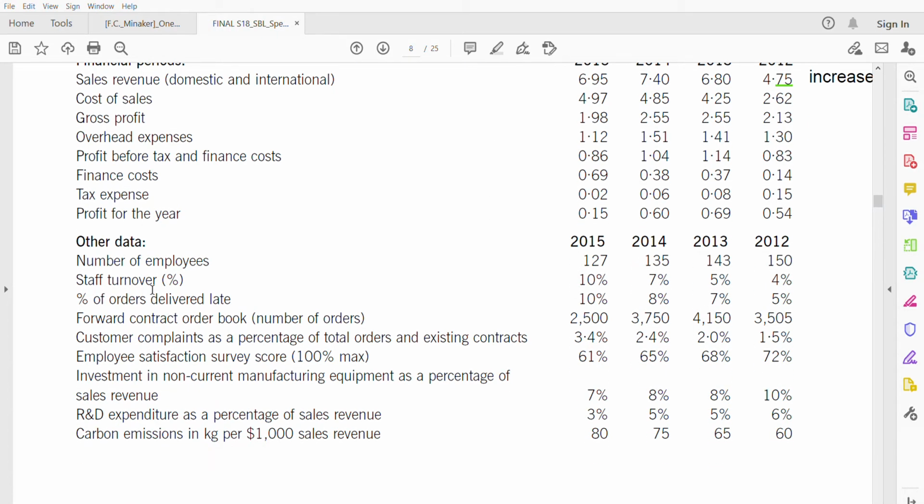Just go to the other data and see the percentage of the orders which are delivered late. In 2012, it was 5%, and 2015 is 10%. It's increasing. Can you see this? How they have used exhibit 1 and then 3. This is how you have to link your answer using all the exhibits. Don't write, I have used this exhibit. You don't have to write it. The examiner will know which exhibit you have used.